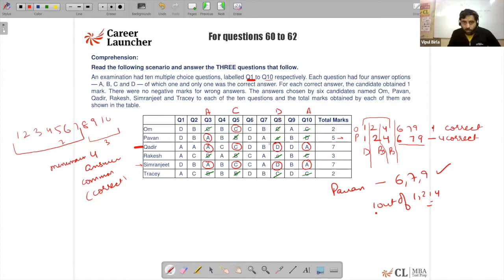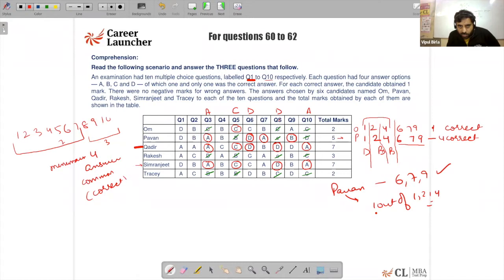Okay. So therefore, I can say for Pavan, 6th is correct, 7th is correct, and 9th is correct, and 1 out of 1 to 4. So if D is the right answer for question number 6, let's see who all have got that correct.